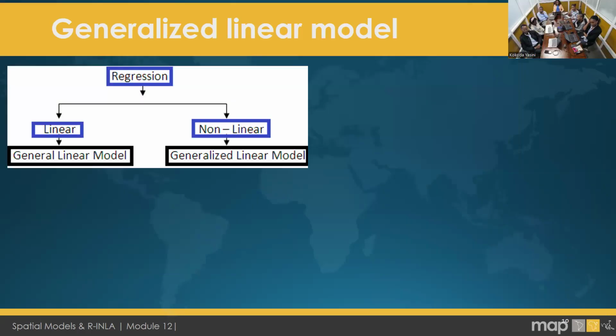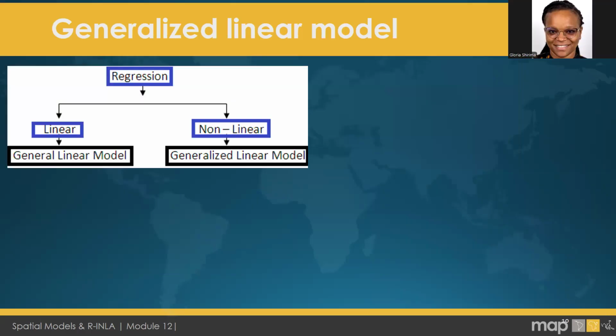And now with generalized linear models, why do we change from general linear regression to generalized linear regression? It depends on what kind of data you are dealing with. Because when we are dealing with malaria cases, or in the vector part, when you're collecting mosquitoes, the number of mosquitoes you get from different places are not always normally distributed.